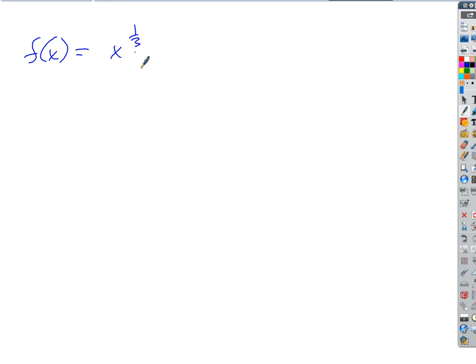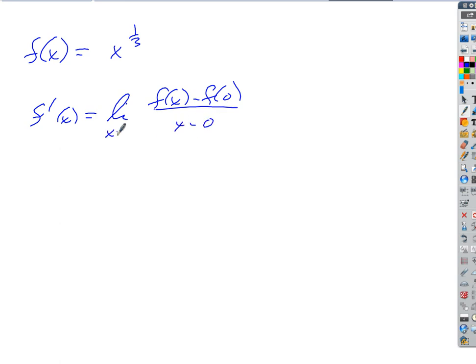It's a smooth function, so let's use our alternate definition. f prime of 0 equals the limit of f of x minus f of 0 over x minus 0 as x approaches 0, right? This one makes it pretty easy if we use the alternate definition of the derivative, the limit form.